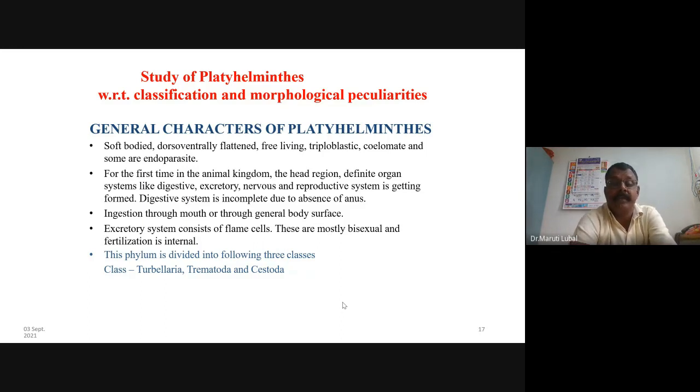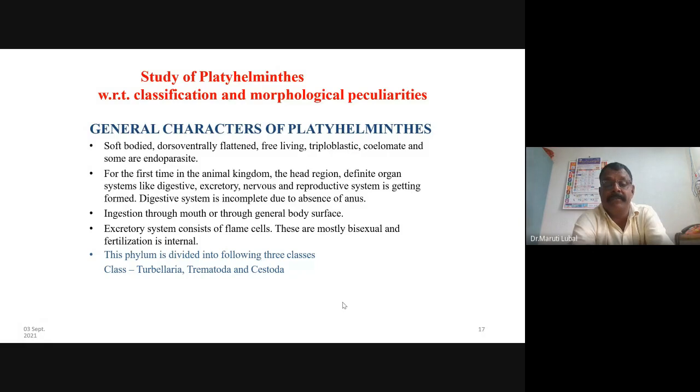For the first time in the animal kingdom, the head region and definite organ systems like digestive, excretory, nervous, and reproductive systems are getting formed. Digestive system is incomplete due to the absence of the anus because it gets ready-made food material. Ingestion is through the mouth or through the general body surface.